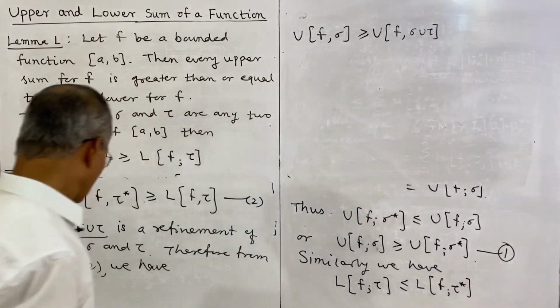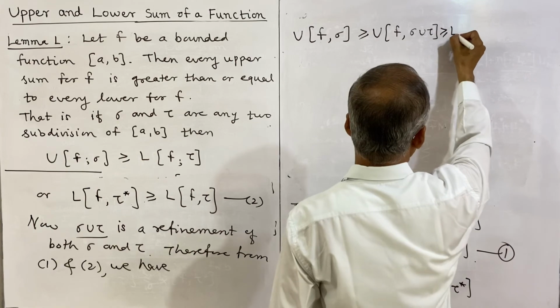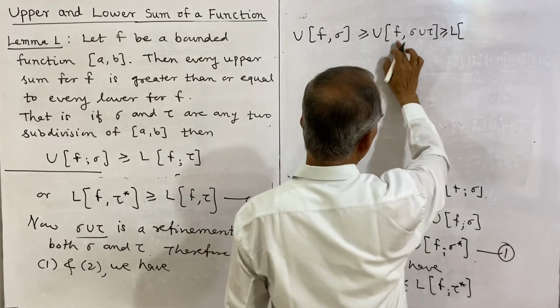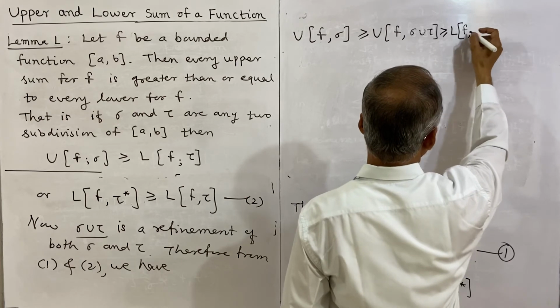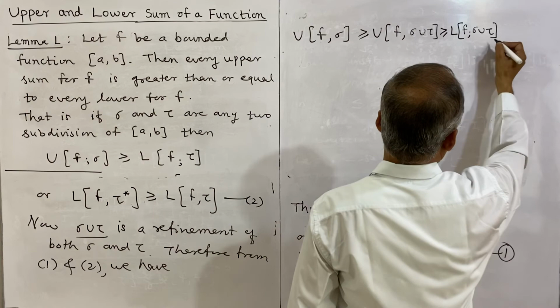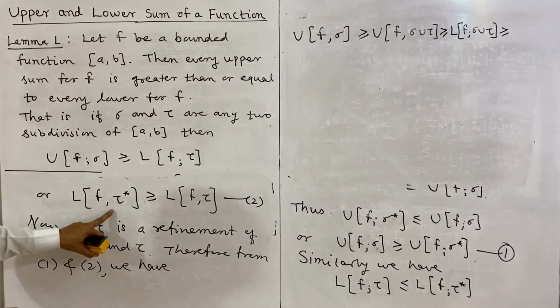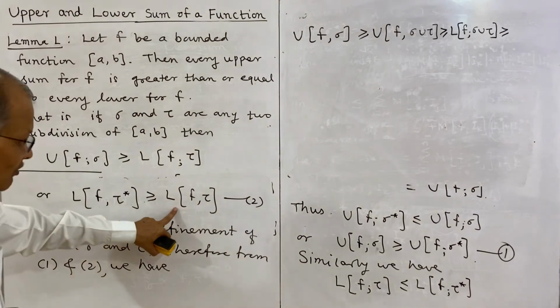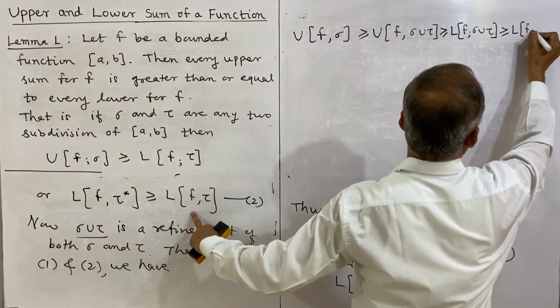And again every upper sum is greater than or equal to a lower sum. So, I shall write the upper sum of f on sigma union tau is greater than or equal to the lower sum of f on sigma union tau, but since sigma union tau is a refinement, that will be greater than or equal to the lower sum of f on tau.